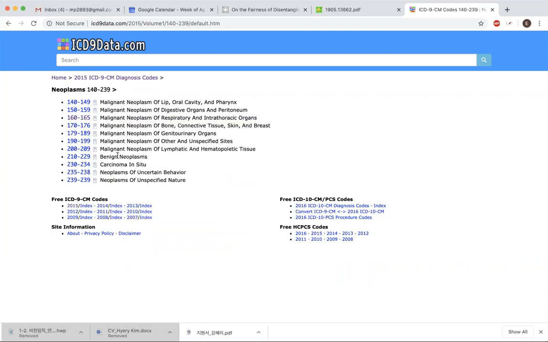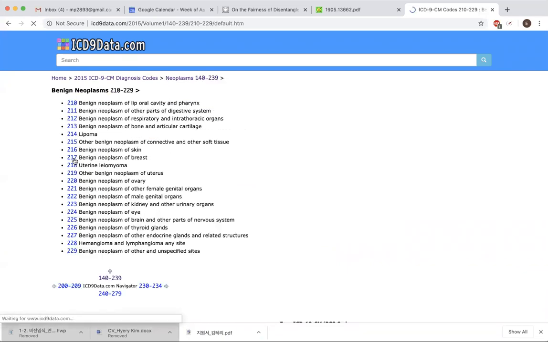We were unfolding benign neoplasms, and then, wow, I would say 20, 25 of them, all different body parts, like ovary, eye, kidney, genital organs, brain, thyroid glands, all that. I think we were about to unfold unspecified benign neoplasms.